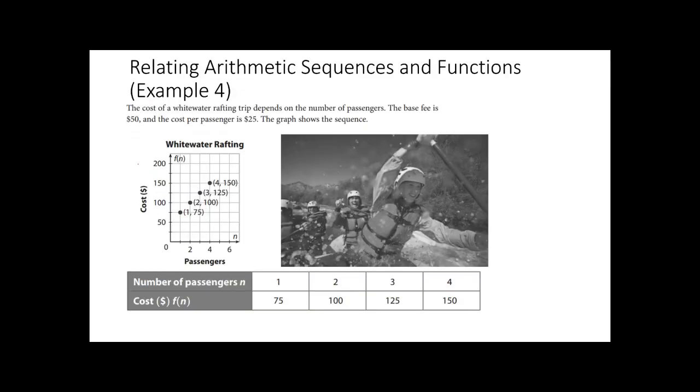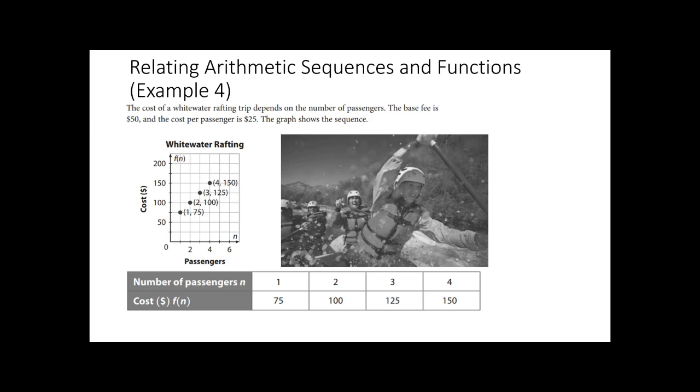All right, relating arithmetic sequences and functions. These are two different parts in the conversation that share the same equation. I'm sorry. They are two different leaves on the same branch, if that makes sense. It's very, very similar, just different ways of seeing it.